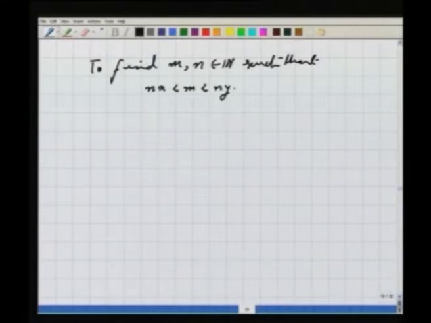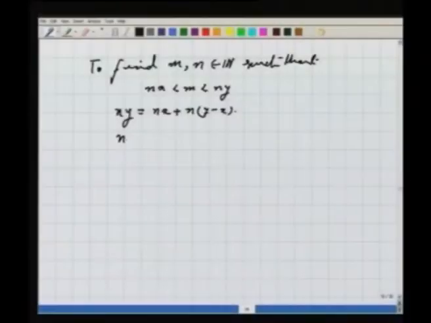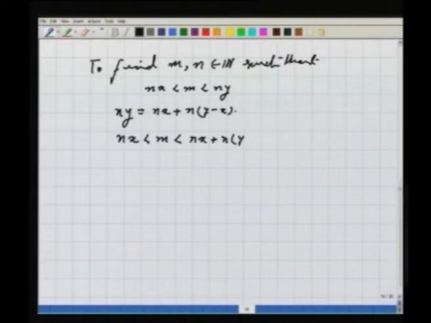Now, what I do is I use a very simple trick. I just write ny as nx plus n of y minus x. So, I need to find m and n such that nx is less than m, and m is less than nx plus n into y minus x.